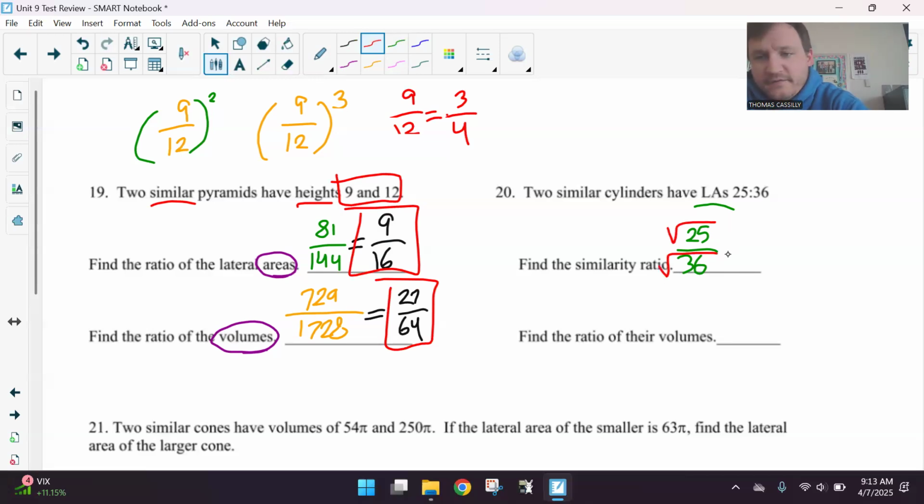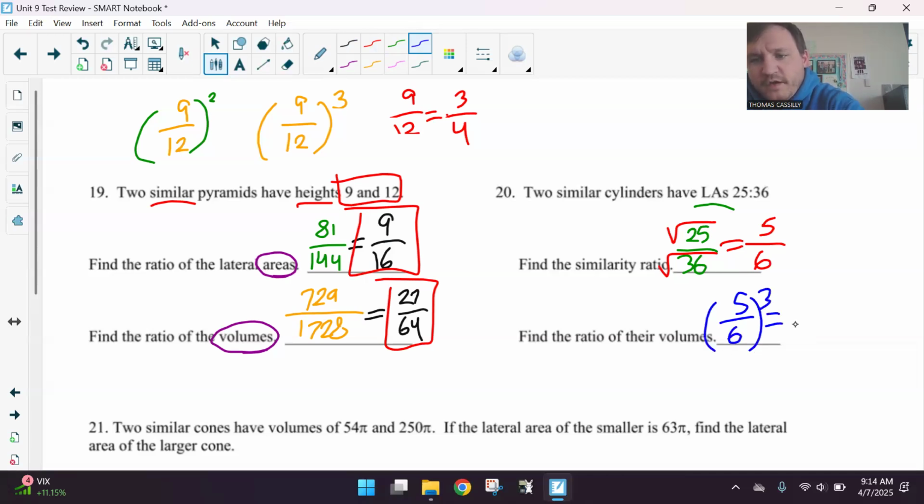What is the square root of 25? That's just 5. What is the square root of 36? 6. There's your similarity ratio. That is your linear unit that we're talking about. Now, to find the volumes, what do you do with the 5/6? Well, you need to just cube it.